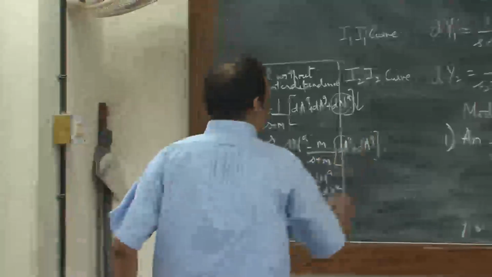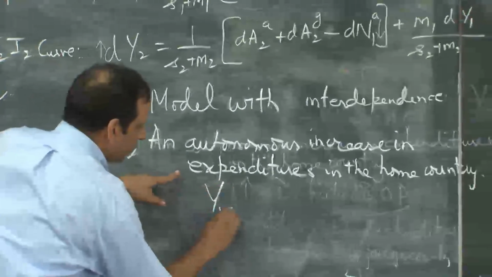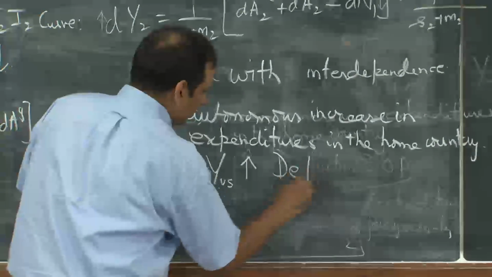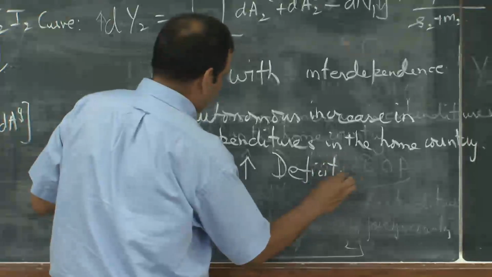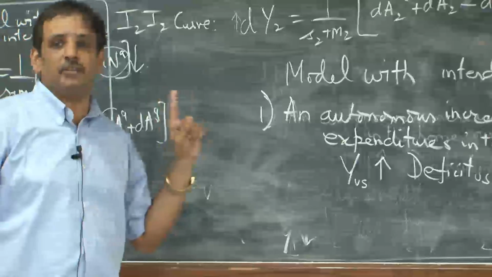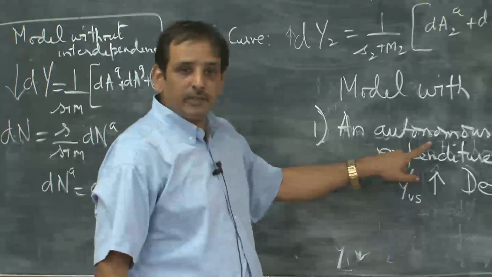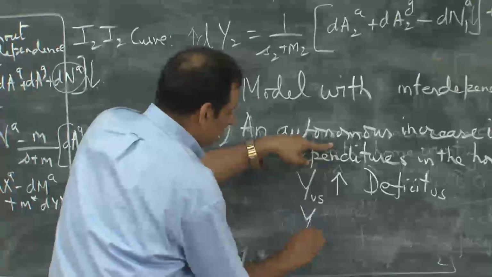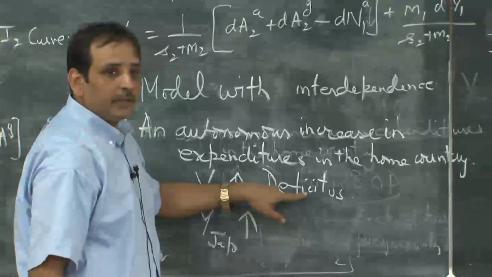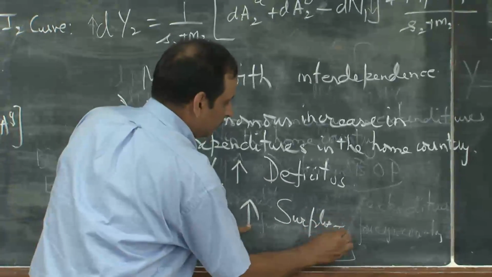Now remember, when there is an autonomous increase in expenditures in the home country, incomes in US go up, there is a deficit in the current account balance in US, but there is something which happens in Japan also. In Japan, because the expenditures have gone up, incomes in Japan go up, and because there is a deficit in the US, there will be a surplus in Japan.